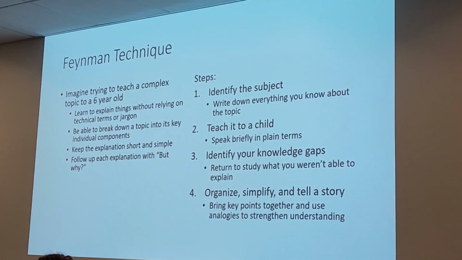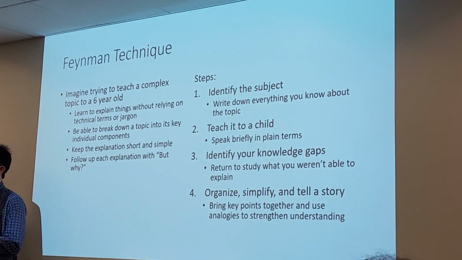Second study technique, the Feynman technique. Explaining a complex subject to a 6-year-old. Right? Or not a 6-year-old, at least a middle schooler. If you are able to take a complex subject and break it down into simple parts that are so basic, you can explain it to a 6-year-old, you know that subject.